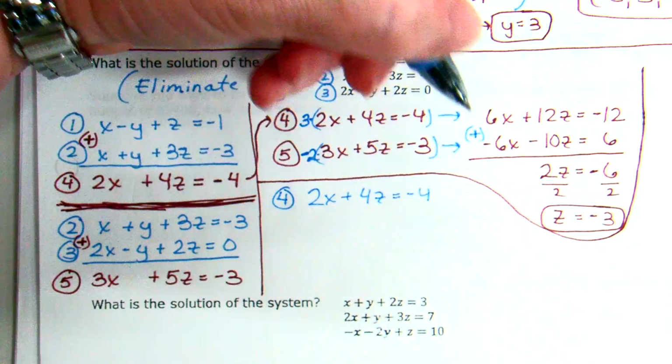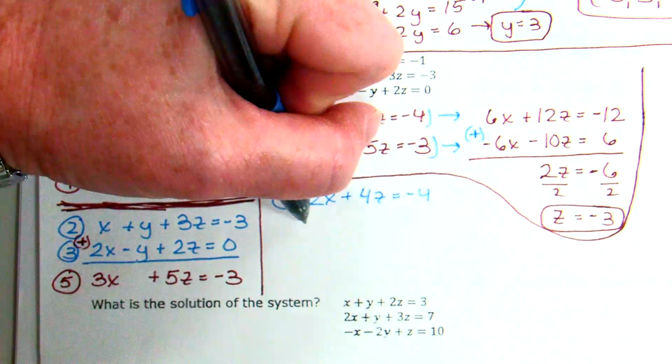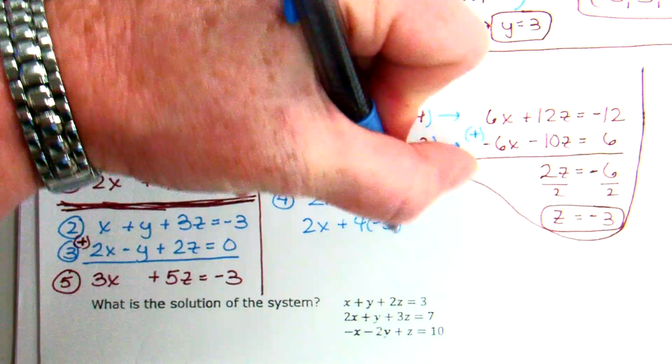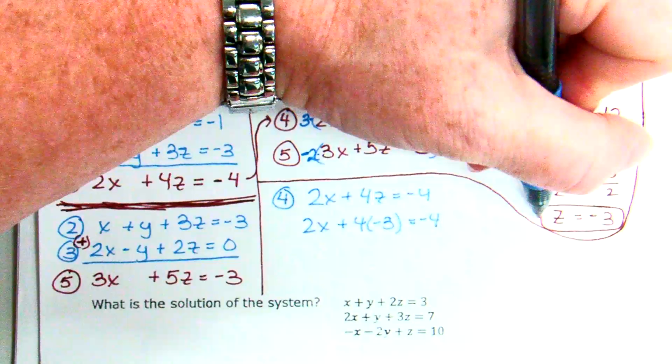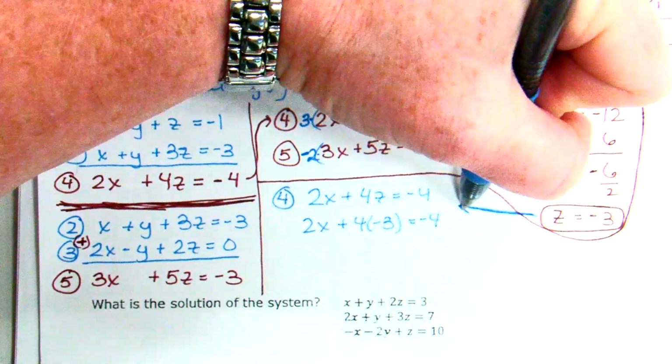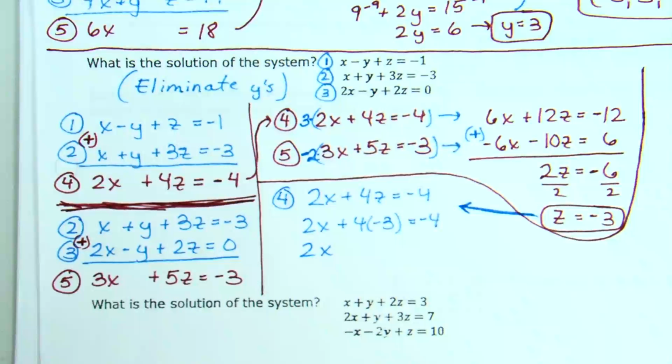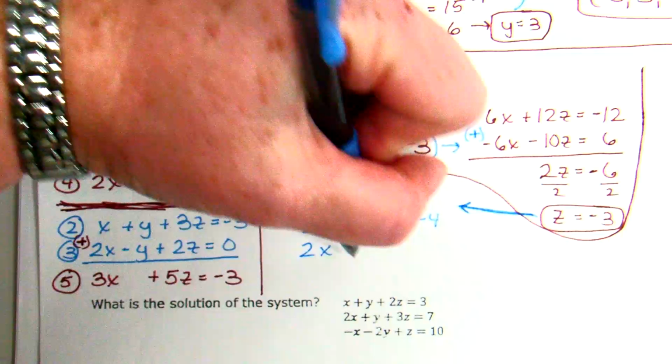So if I put that z in, I now have 2x plus 4 times negative 3 equals negative 4. Two x, 4 times negative 3 is minus 12 equals negative 4.